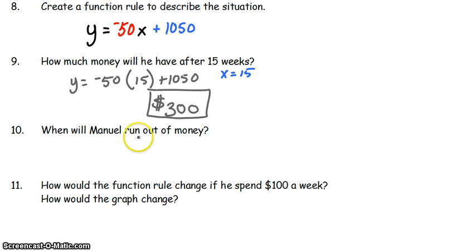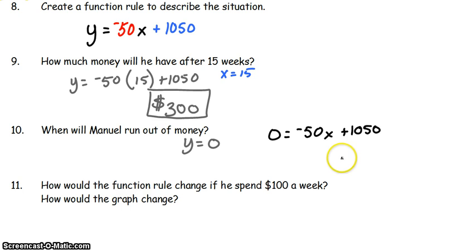In number 10, when they ask, when will they run out of money? Running out of money means you have no money left, or $0. So y was the amount of money, so running out of money means y is 0. I use the same function rule, but now I substitute 0 in for y. So instead of y equals, it's 0 equals negative 50x plus 1,050. And I solve for x.